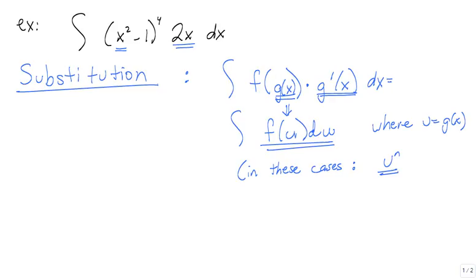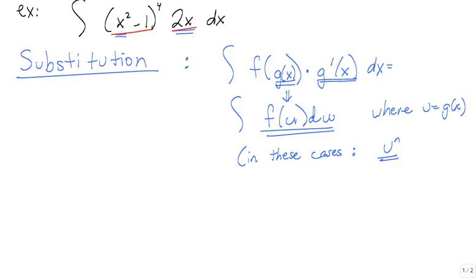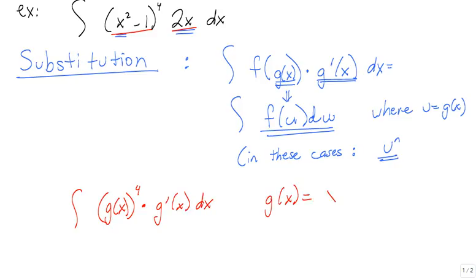So again, look at what we have. We have a function, and we have its derivative here. So if we have this integral, x squared minus 1, that's g of x. So we have g of x to the 4th times g prime of x dx, where g of x is equal to x squared minus 1, and g prime of x is 2x.